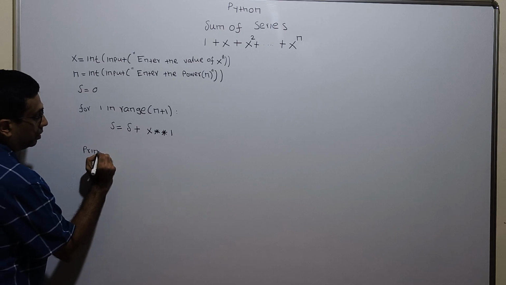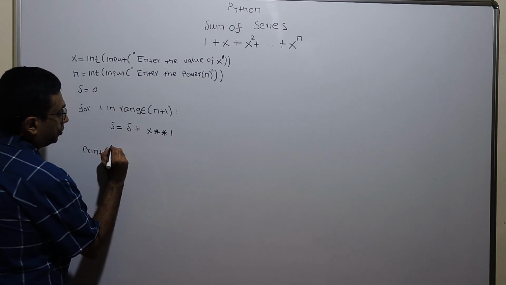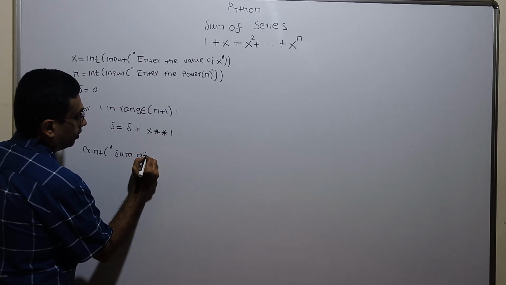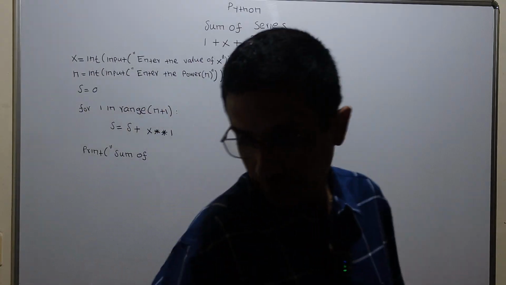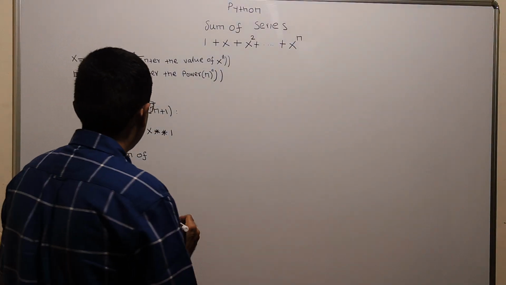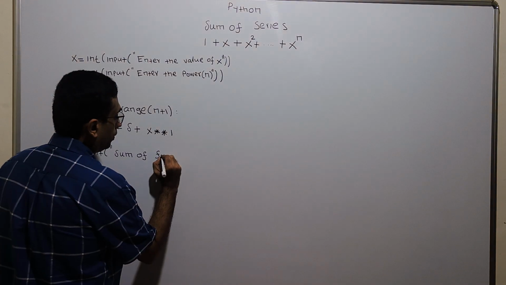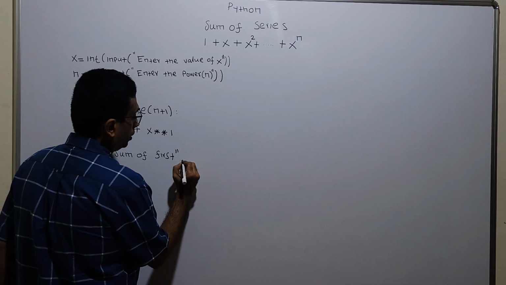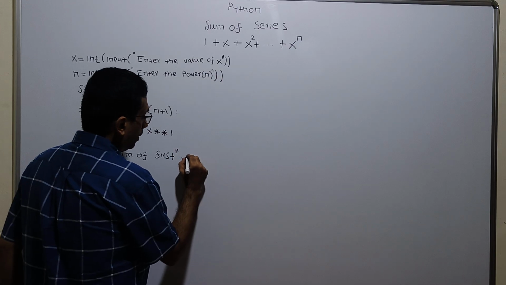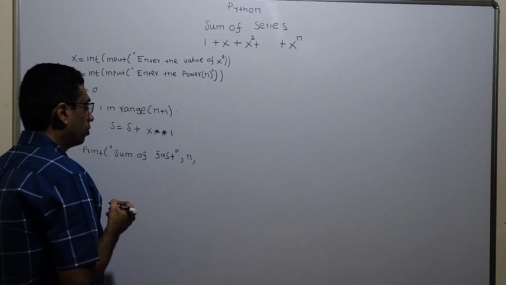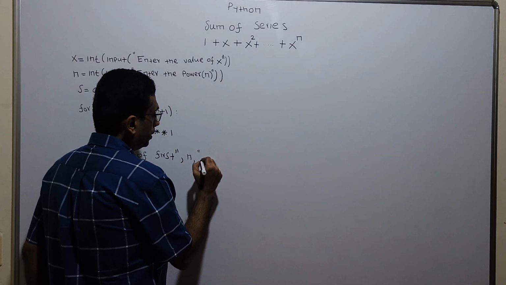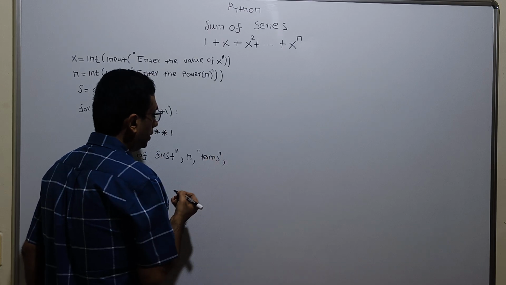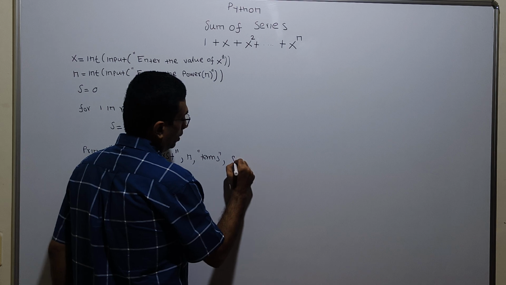Print a string "sum of first". I am closing the double quotation, followed by the variable n, followed by a string "terms", comma, and the variable s.